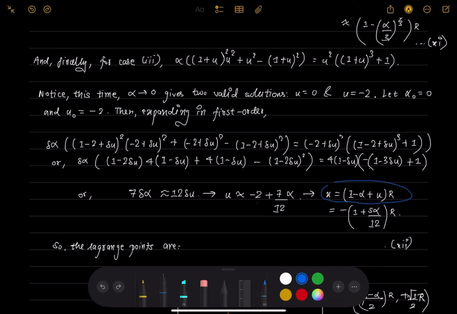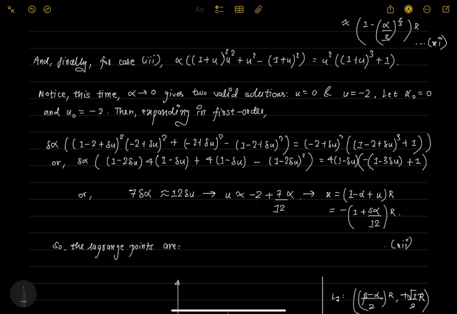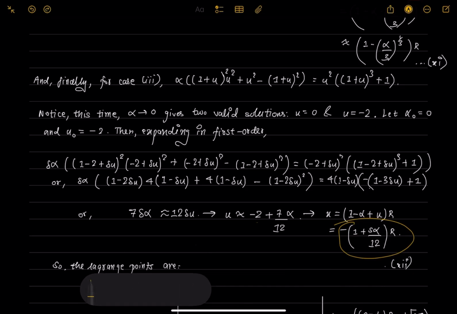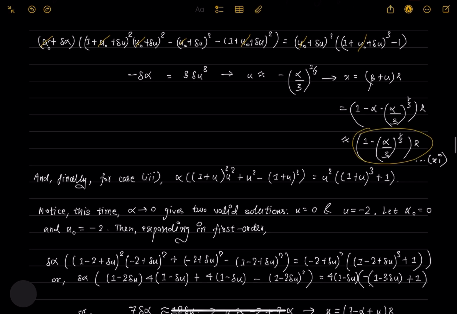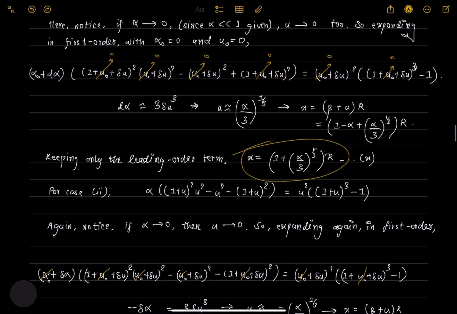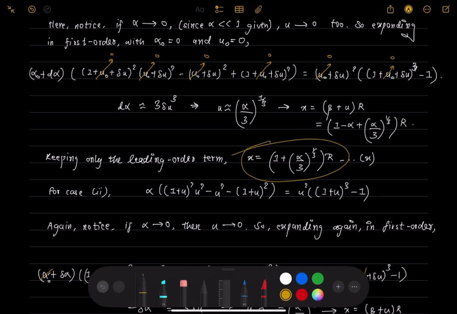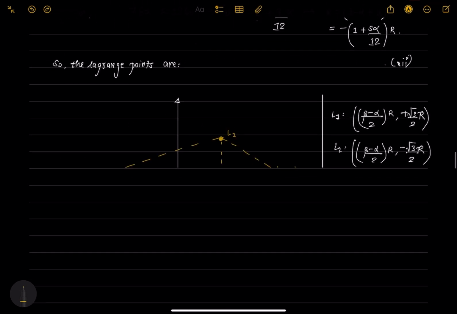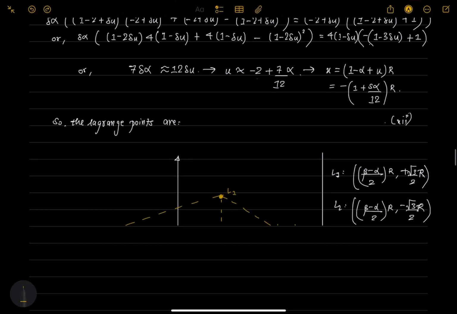And since x is known as beta plus u times r, beta is just 1 minus alpha, we can write the solution for x, right? So we've obtained three particular solutions for the on-axis points. So this is one of those. This is the other. And even above, this is the third one, right? So we obtained three particular solutions for Lagrange points lying on the y-axis.